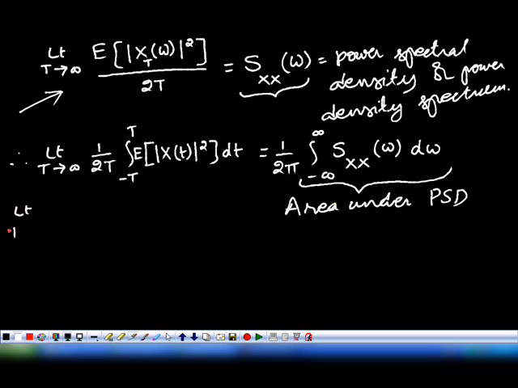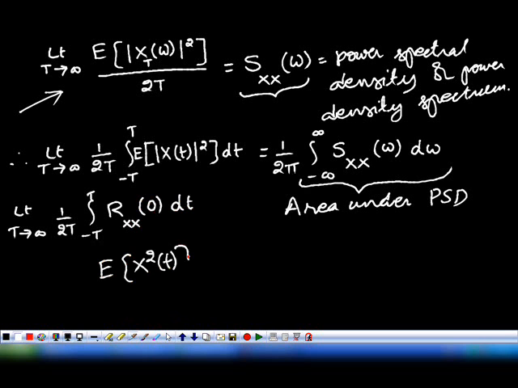This quantity indicates the average power of the random process, the time average power. Can I write this as limit t tends to infinity, 1 by 2t, integral minus t to plus t, expectation of mod x of t whole square dt? If x of t is real, this can be written as expectation of x square of t dt. What is the expectation of x square of t? It is the mean square value.